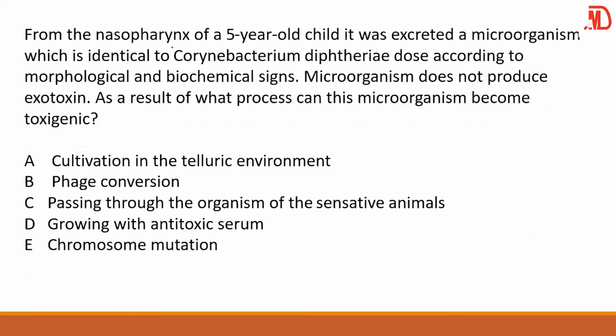We have, from the nasopharynx of a 5-year-old child, an excreted microorganism which is identical to Corynebacterium diphtheriae according to morphological and biochemical properties. Now, the microorganism does not produce exotoxin. It doesn't produce any toxin. As a result of what process can this microorganism become toxigenic?